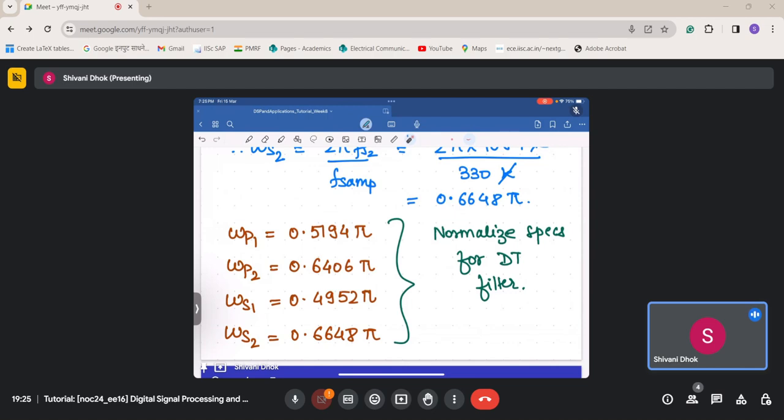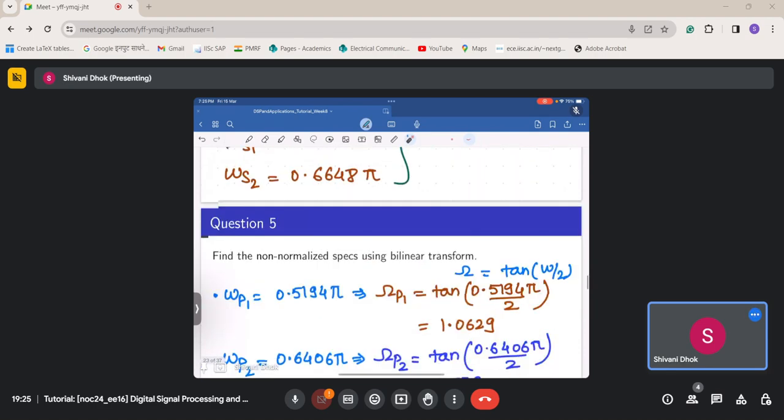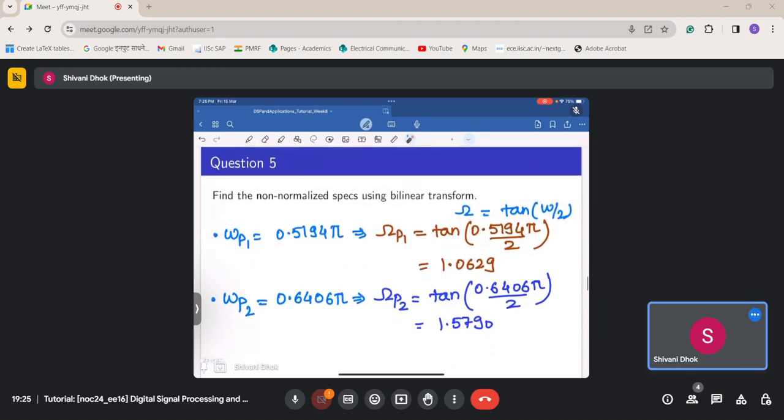These normalized specifications are basically specifications in terms of angular frequencies for the digital or discrete time filter. Once we have these, the next thing is to convert them back to analog equivalents, or unnormalize them, by using the bilinear transform. The bilinear transform gives a relation between capital omega and omega by 2: capital omega equals tan of omega by 2.